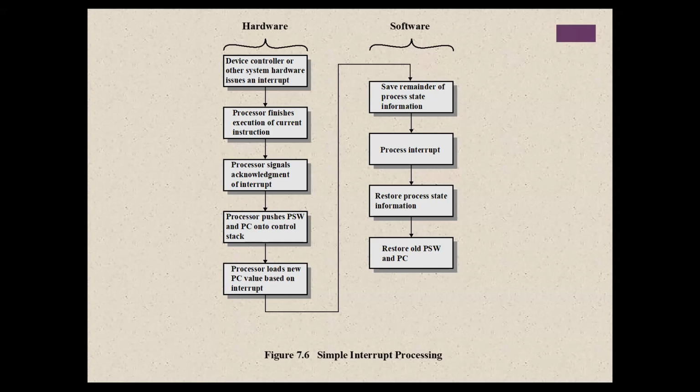The processor now loads the program counter with the entry location of the interrupt handling program that will respond to this interrupt. Depending on the computer architecture and the operating system design, there may be a single program, or one program for each type of interrupt, or even a program for each device and each type of interrupt.